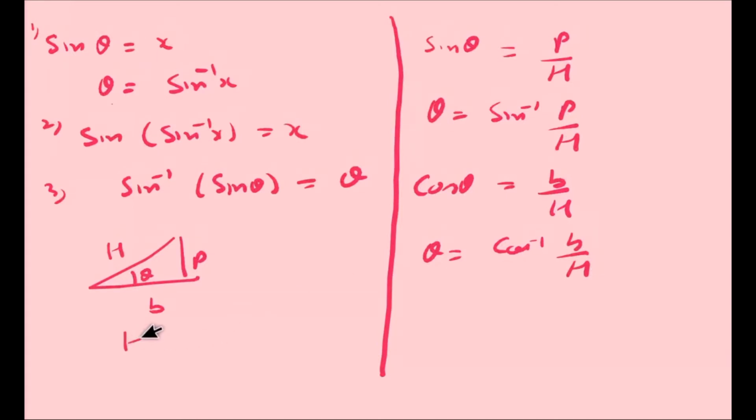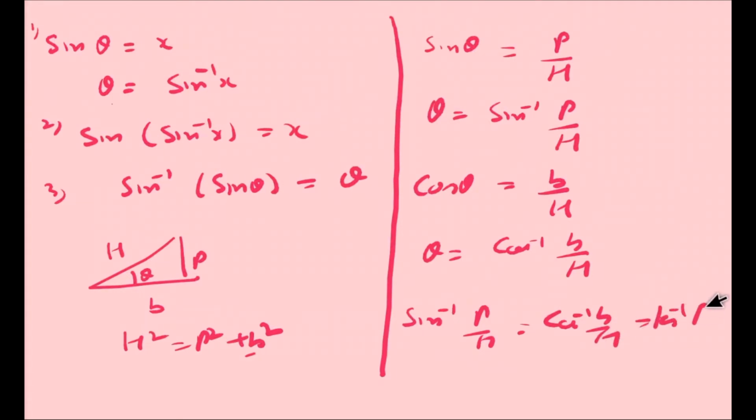Here we know the relation h square equals p square plus b square. Since theta is equal, sine inverse p upon h equals cos inverse b upon h. Similarly, tan inverse perpendicular upon base, cosec inverse hypotenuse upon perpendicular, sec inverse h upon b, and cot inverse b upon p.